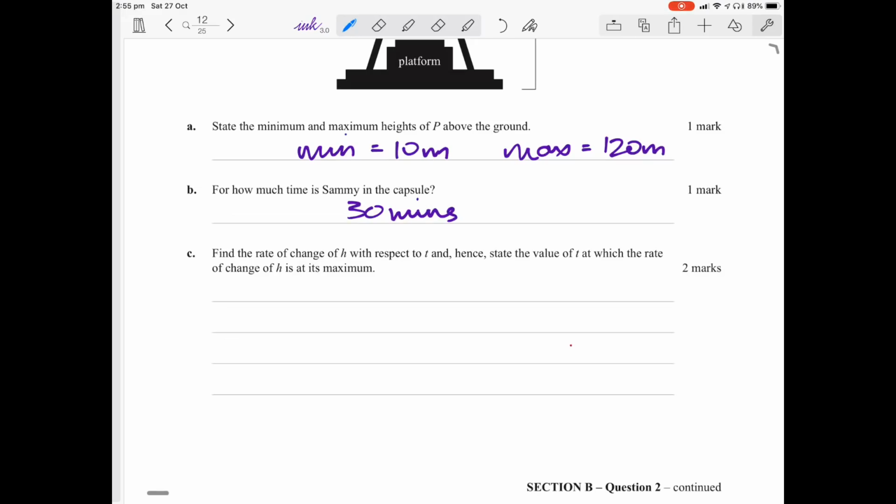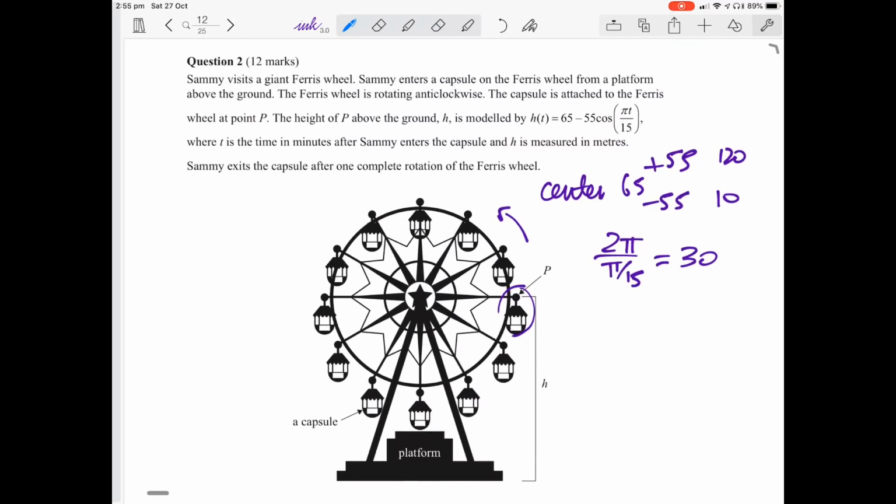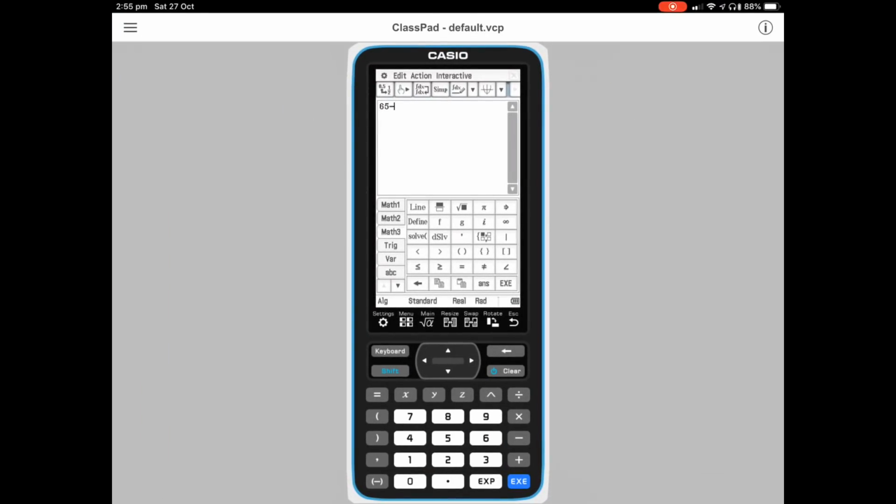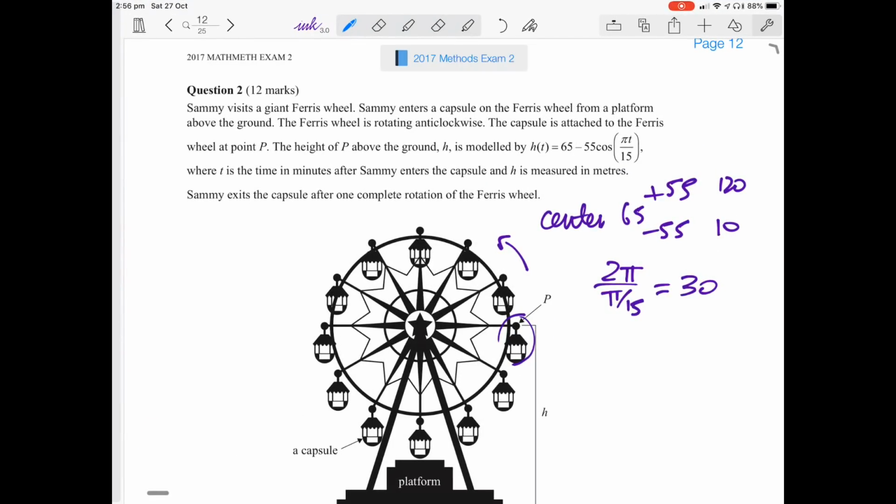Find the rate of change of h with respect to t, and hence state the value of t for which the rate of change of h is a maximum. So this is where we want to define it. 65 minus 55 cos pi x on 15. Define it. Why did I define it? Because I want to derive it. So negative 55 cos pi x on 15.